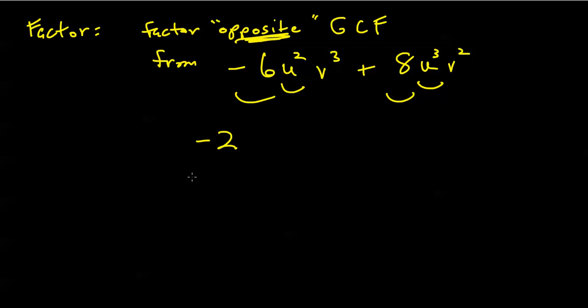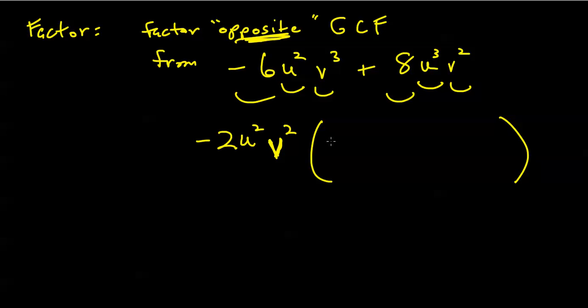Well, 2 factors of u are common to both. And similarly, for v cubed and v squared, I've got 2 powers of v common to both. So my GCF, I claim, is going to be minus 2u squared v squared times the polynomial that remains within.